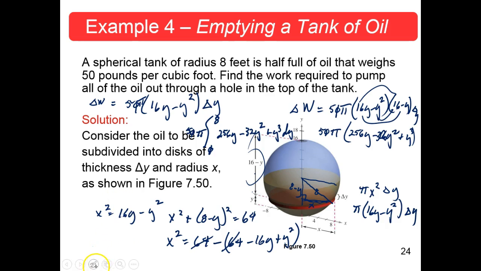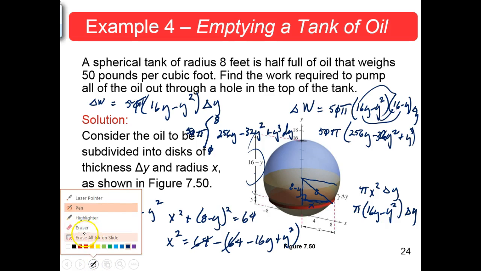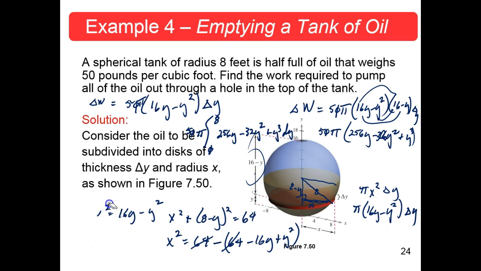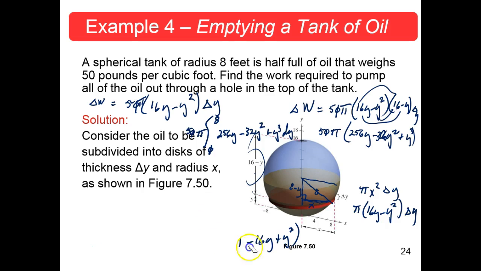It's alright if I erase some of this. There's just not enough room to write on the screen. So I'm going to erase this down here. I think we've already done all this work here. So the integral, the 50 pi is out front. Now you integrate the integrand there.